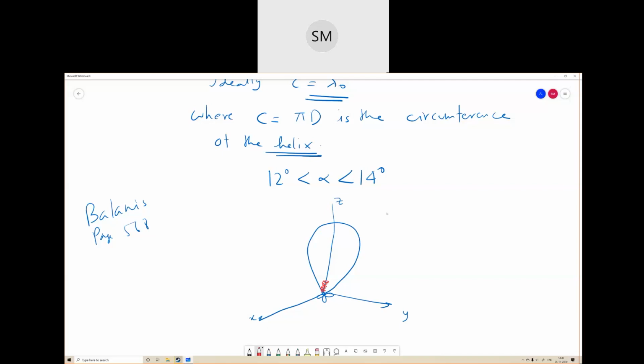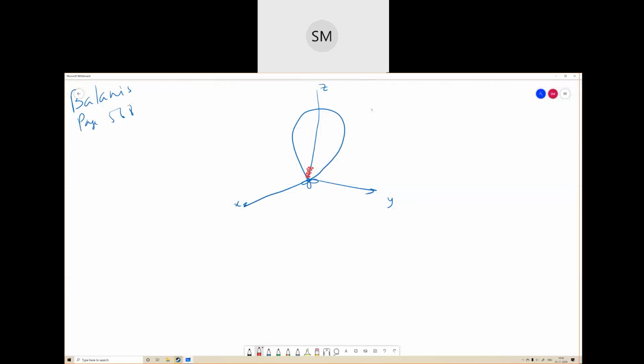The input impedance of a helical antenna in the axial mode is usually pure resistance, whose value R is almost equal to 140 C/lambda naught.